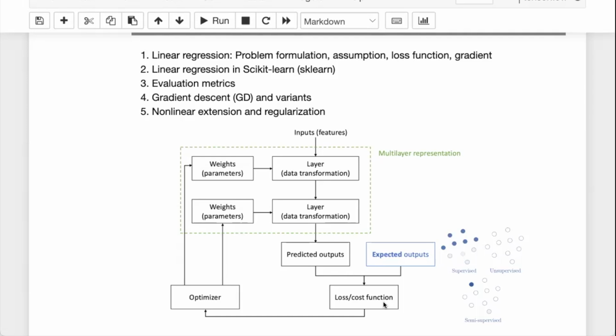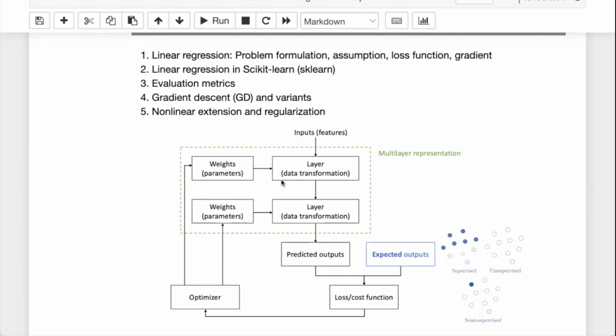And then we discuss how we can find the optimal parameters or weights of this data transformation using two techniques. One is a more traditional approach known as the normal equation, and the second approach is gradient descent, which is a very important optimization technique in the modern machine learning and AI landscape, which empowers most deep learning models.